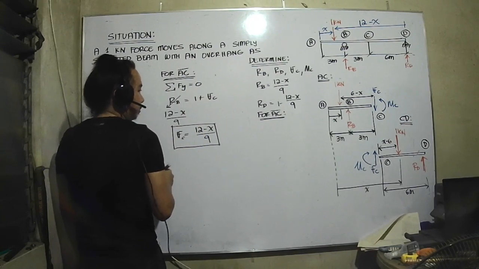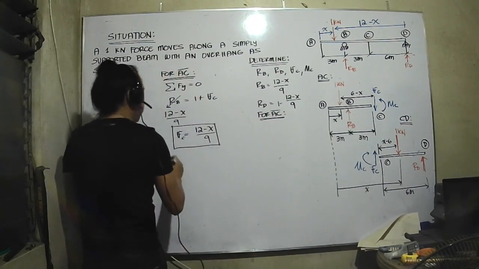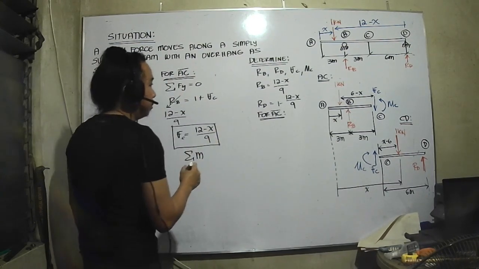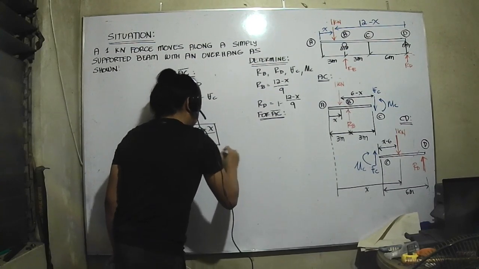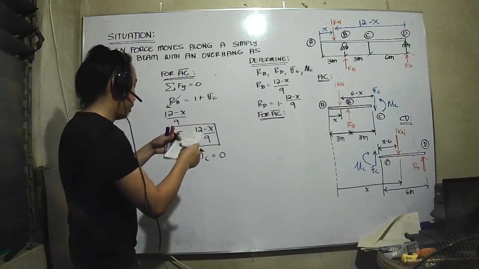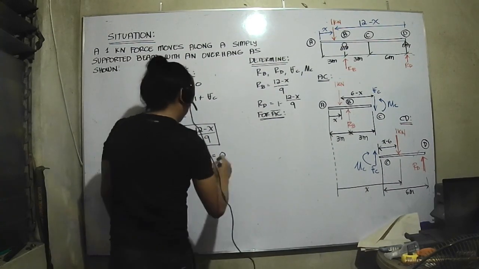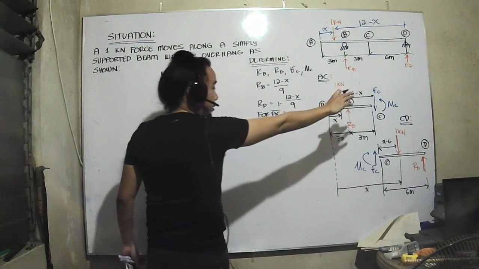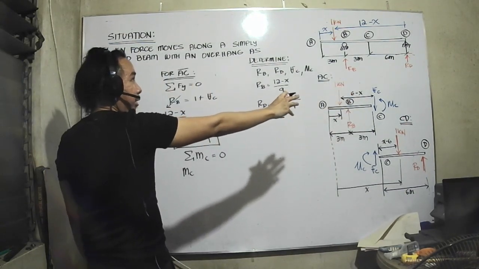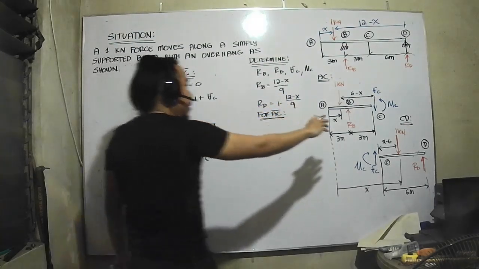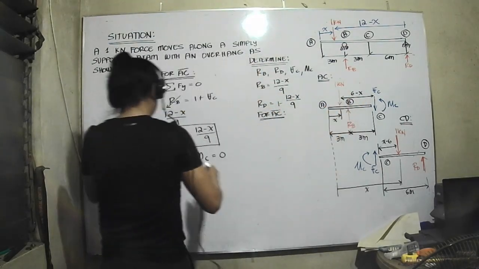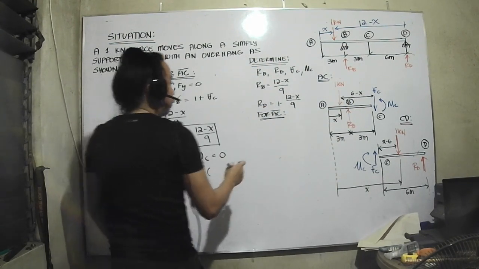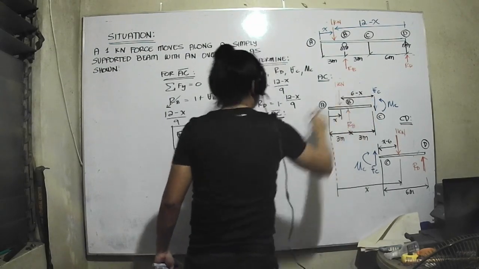From there, next we will tackle MC. Summing up moments, where do we sum up moments? C, probably. Set that to 0 and I will have MC. MC is rotating counterclockwise. The 1 kN also counterclockwise, so 1 times its moment arm, which is 6 minus x.